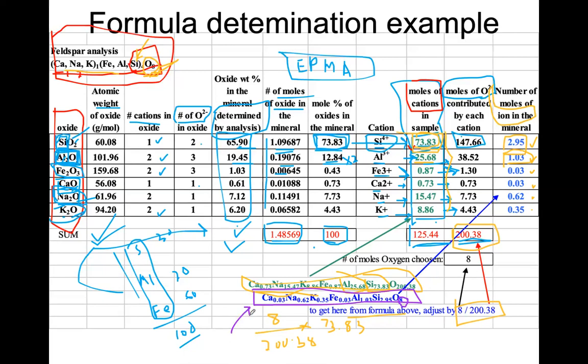Okay, so we need this stoichiometric formula to calculate some compositional variations required for some advanced calculations, right?